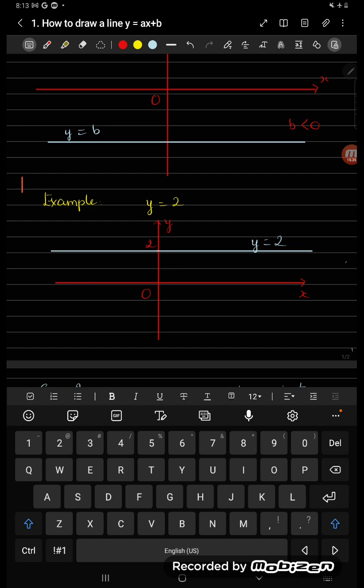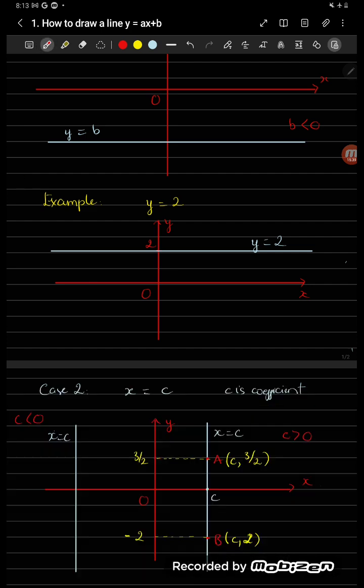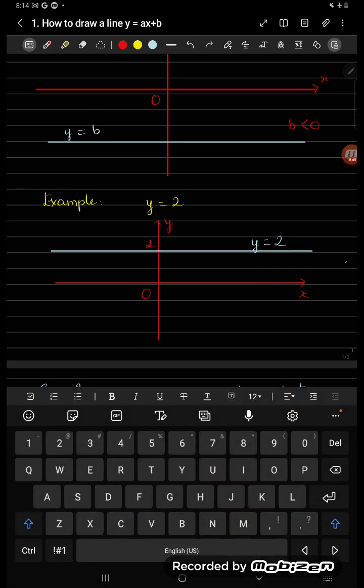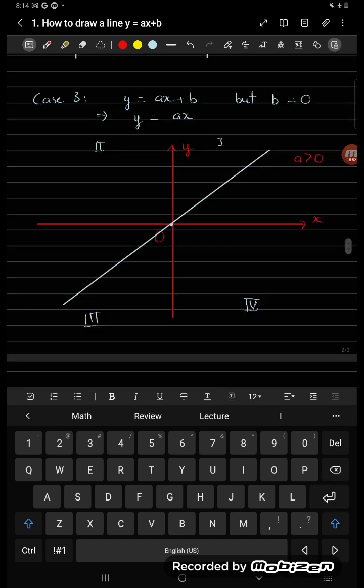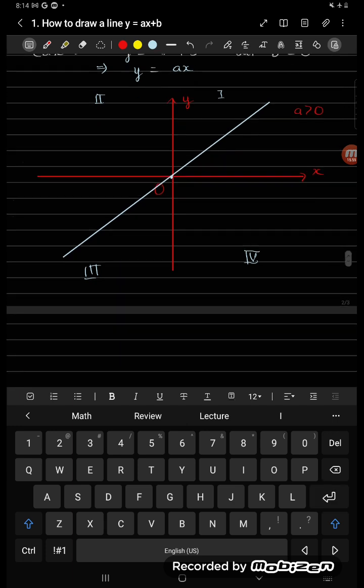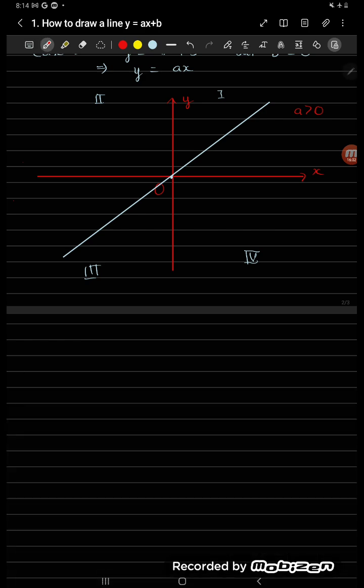So let's take an example. If we have y equal to 2x, you will see that in this case a equals 2, and it is greater than 0.